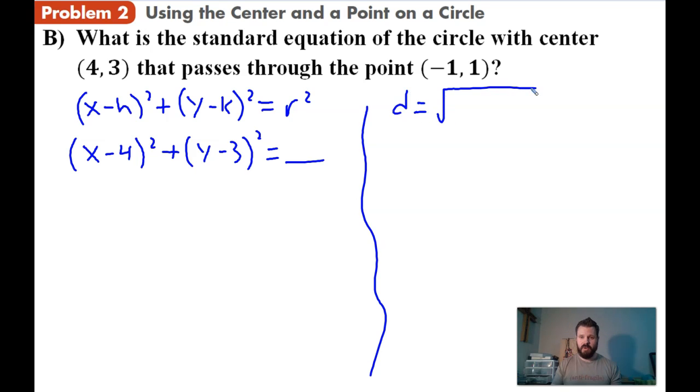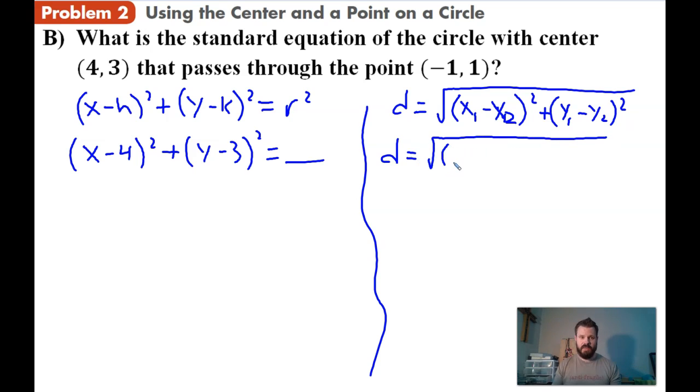D is equal to the square root of x1 minus x2 squared plus y1 minus y2 squared. So d is equal to the square root of 4 minus a negative 1, so 4 plus 1 squared, plus 3 minus 1.